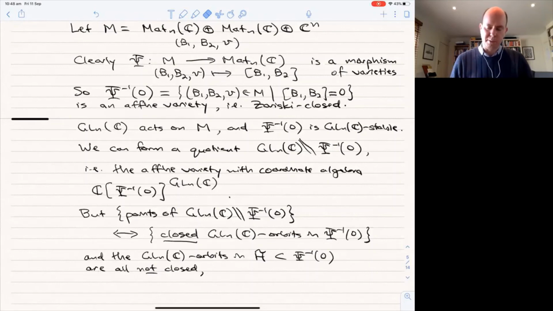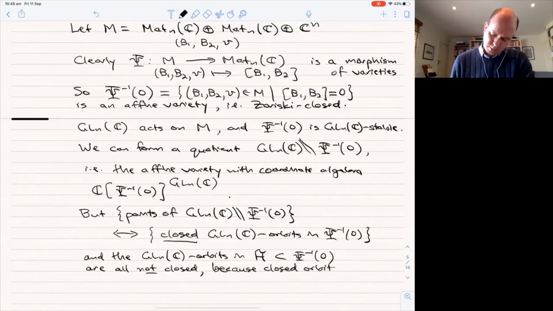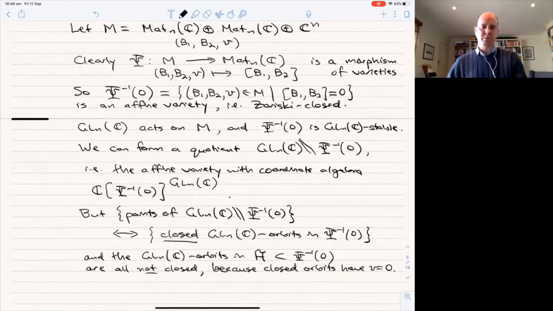So you always have the triple where the vector is 0 in the closure. So this particular quotient, the affine variety with this coordinate algebra of GLN(C) invariant functions on psi inverse of 0, is not what we want.